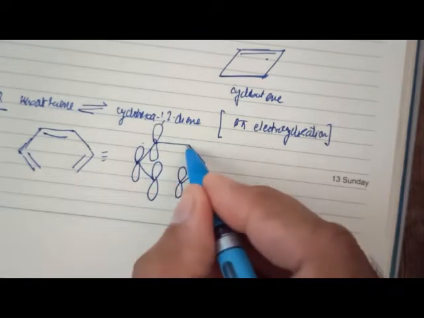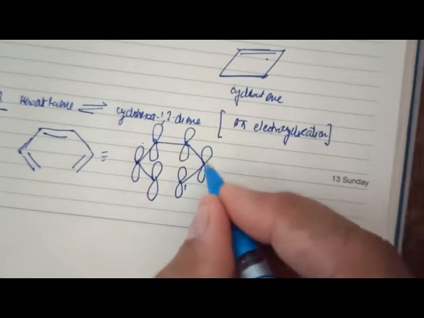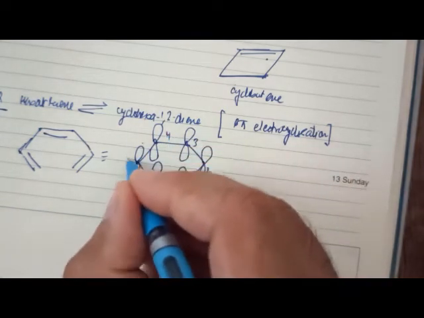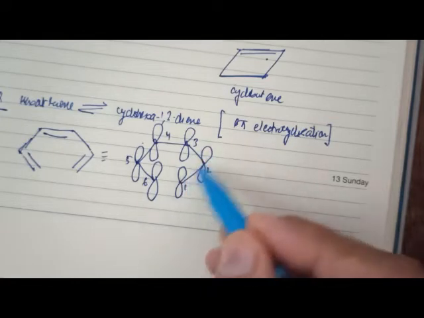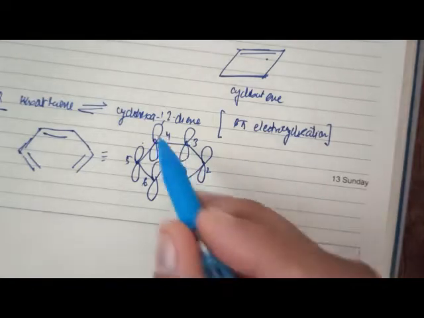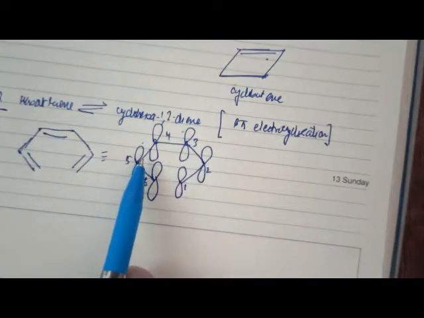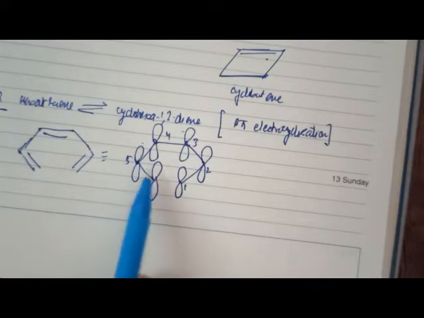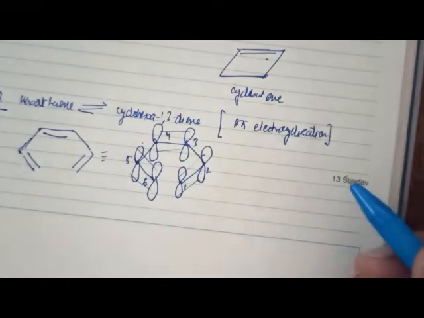Of course, to start with all the p lobes here, let me call this carbon 1, 2, 3, 4, 5 and 6. Carbon 1 and 2 p lobes underwent a sideways overlap to form a pi bond. Similarly 3 and 4 sideways overlap to form a pi bond. 5 and 6 underwent sideways overlap to form a pi bond, something like this. And this was your hexatriene molecule.